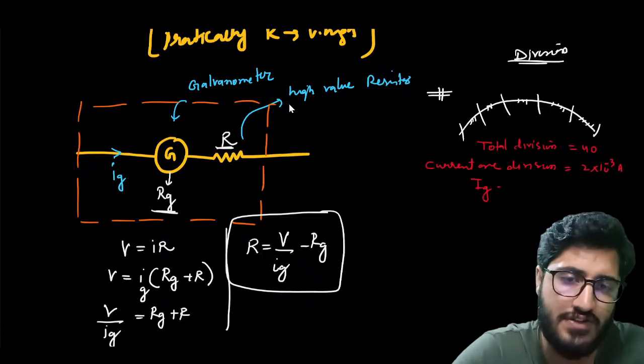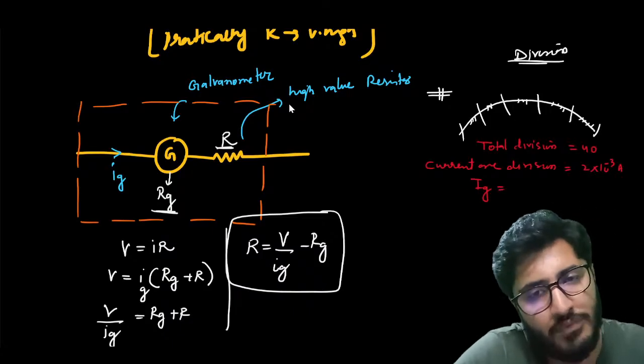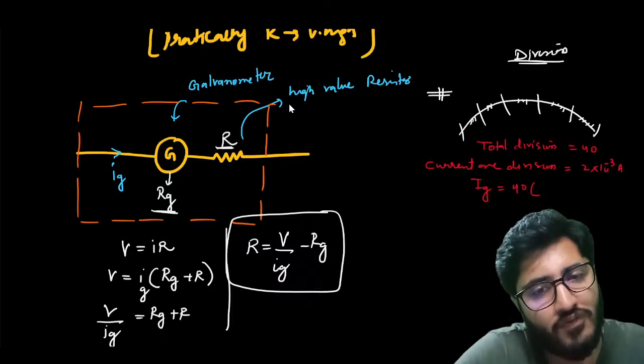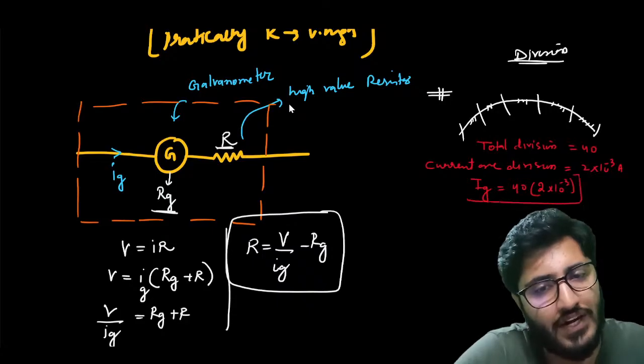What is the value of Ig? So how many divisions do we have? 40. And in one division, what is the amount of current flowing? 2 into 10 to the power minus 3. So this is your Ig.